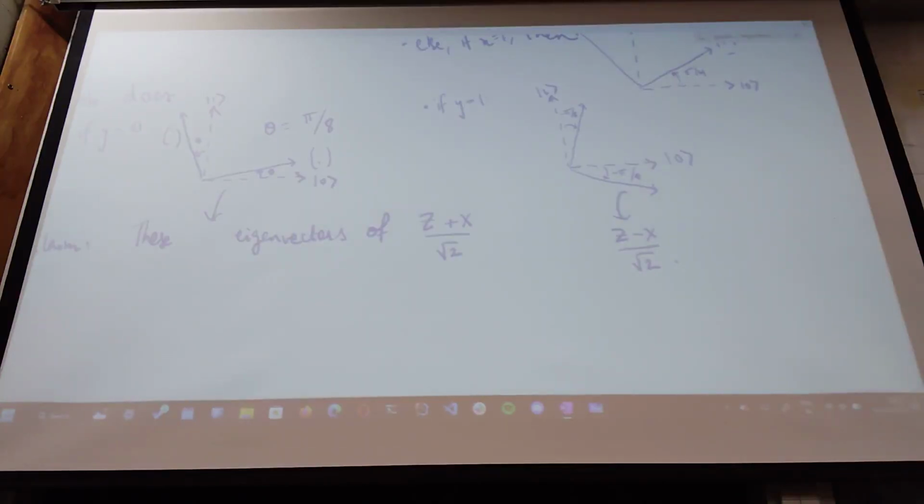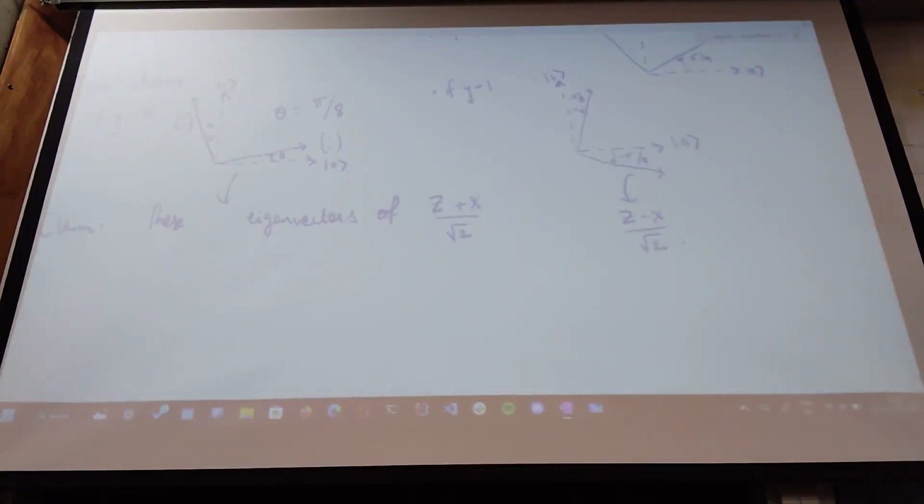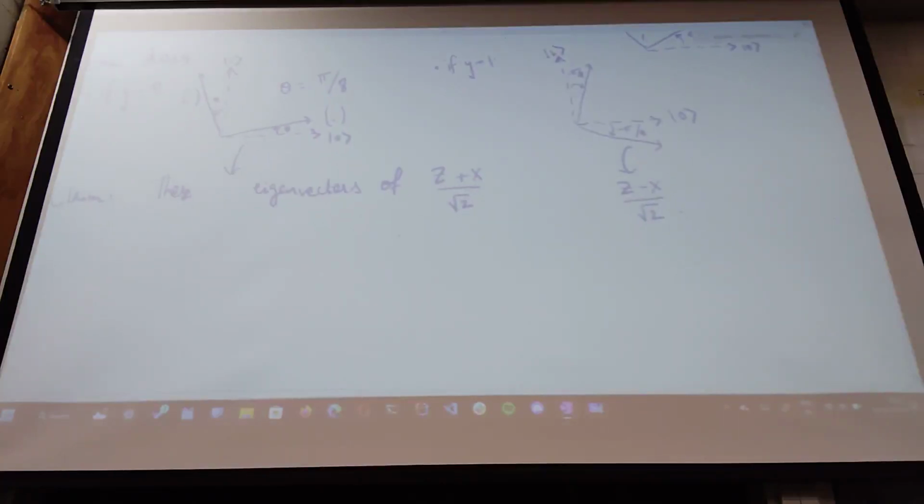Now, you could do the honorable thing, which is you could compute out the eigenvectors yourself, or you could just plug it into eMath help or Wolfram Alpha or whatever. As a reminder, z plus x over square root 2, you can evaluate this to 1 over square root 2, 1 over square root 2, 1 over square root 2, minus 1 over square root 2.